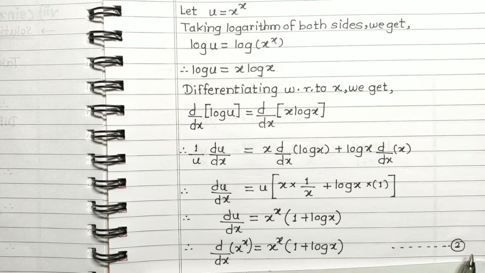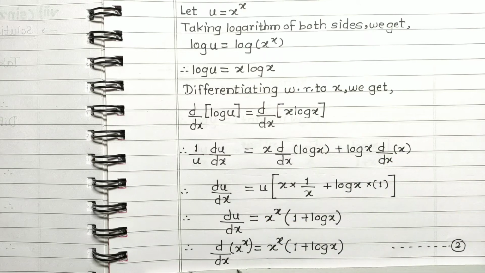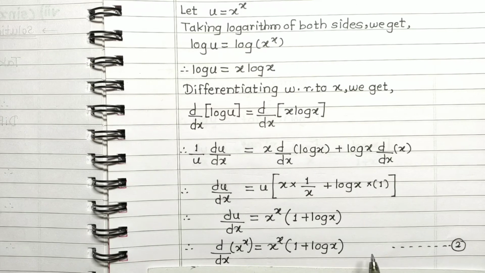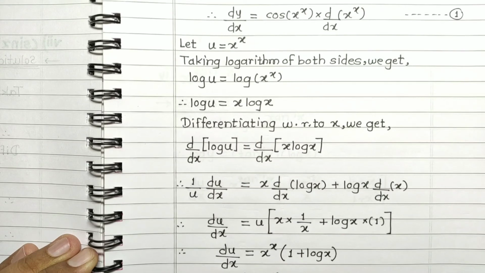Now students, note all these steps where we have calculated the derivative of the function x raised to x, or you may keep it as a standard formula to keep this derivative directly in mind to use it while solving MCQs.